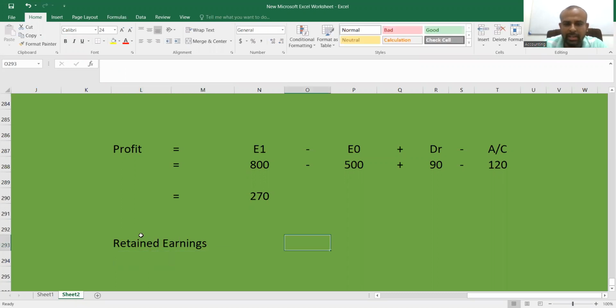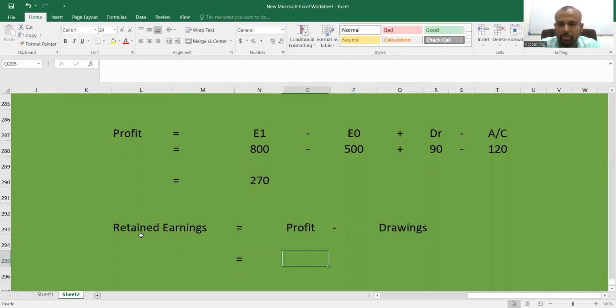Retained earnings is the amount of the profit which has not been withdrawn. How do you calculate the retained earnings? Profit of the business minus what? Drawings. Profit of the business minus drawings. Profit minus drawings is the retained earnings.